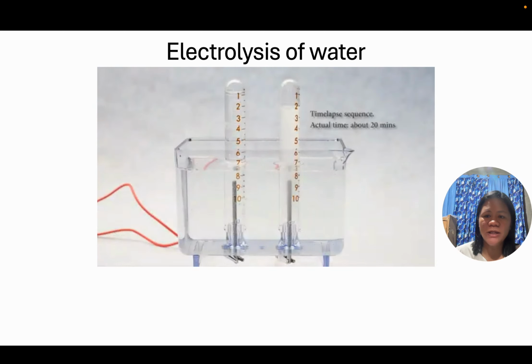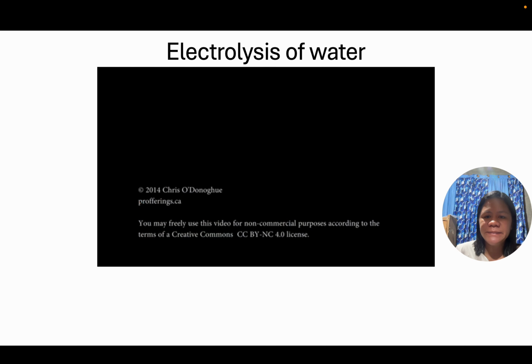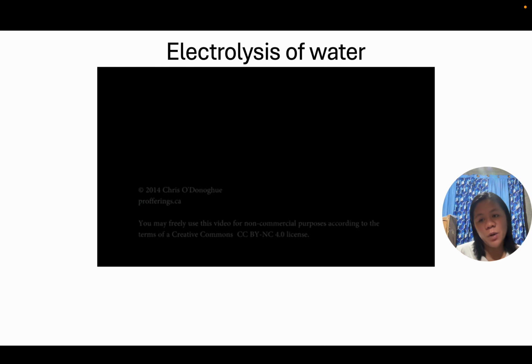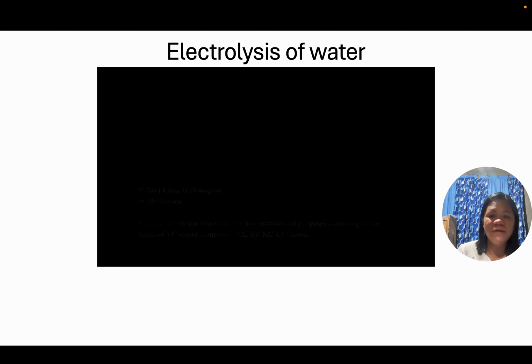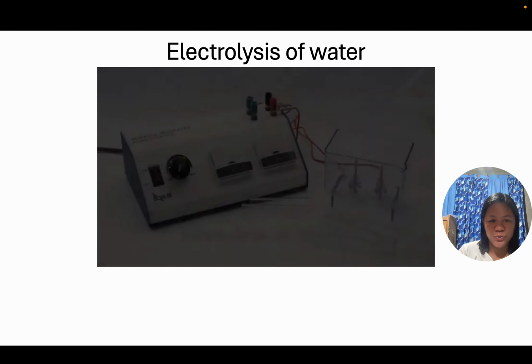Opposite charges attract each other while like charges repel each other. So as a result, during electrolysis, the negative part, that is oxygen, is attracted towards the positive electrode, for example the anode, while the positive part, that is hydrogen, is attracted towards the negative electrode, or the cathode.